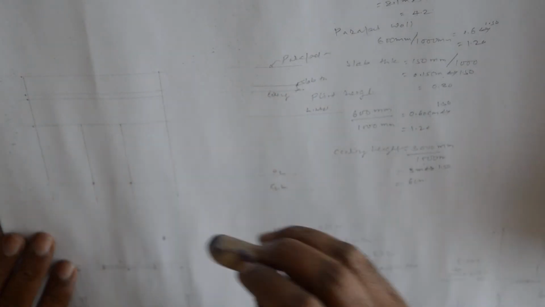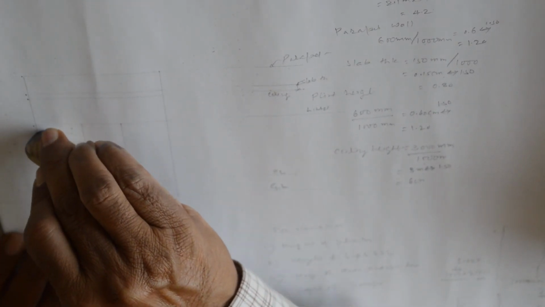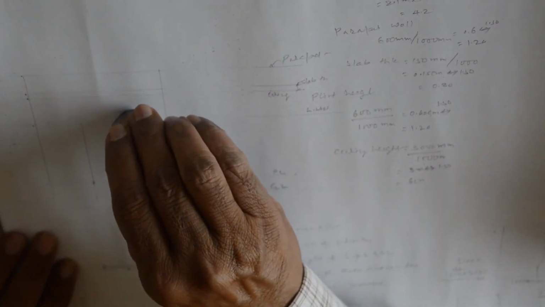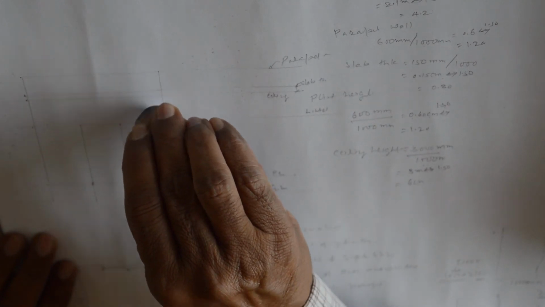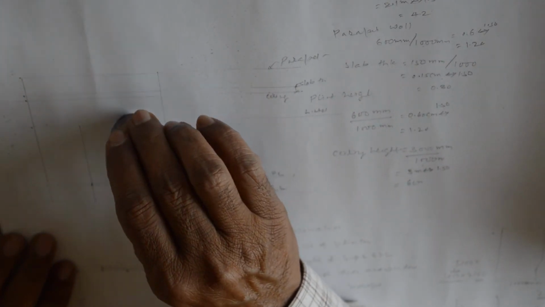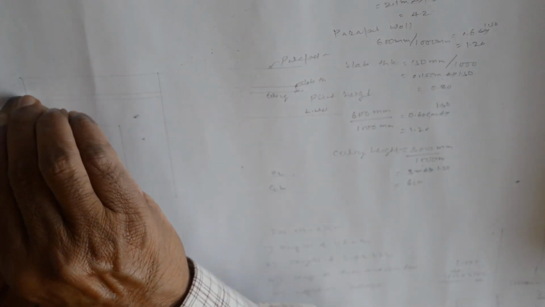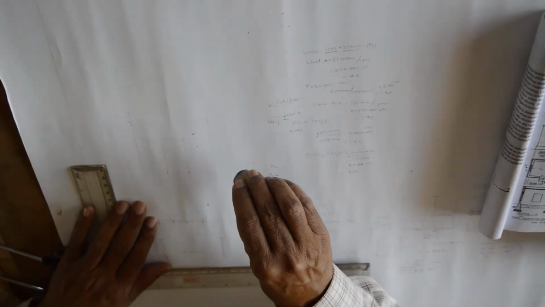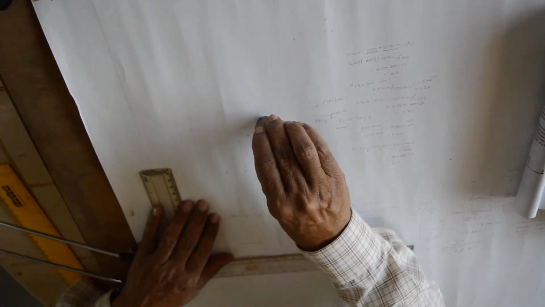Now erase this line. Erase this line. Now your front elevation is over now.